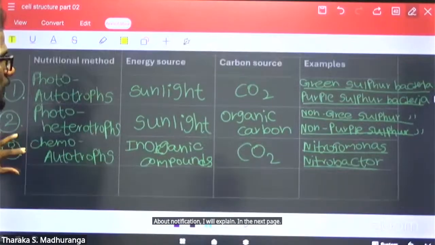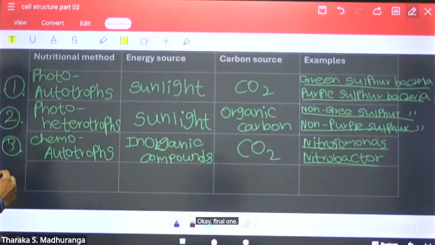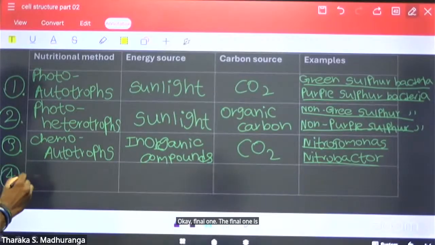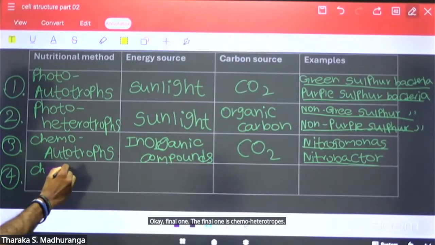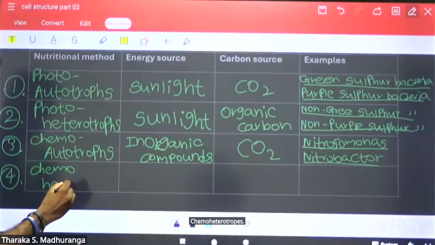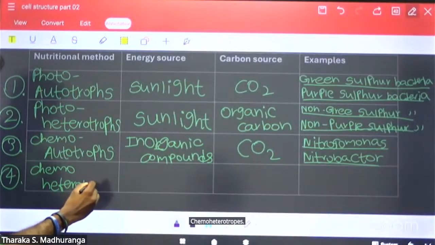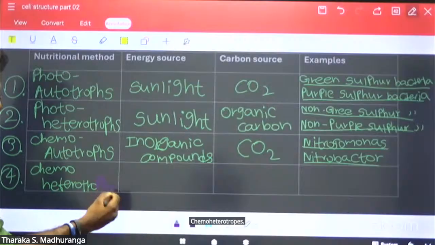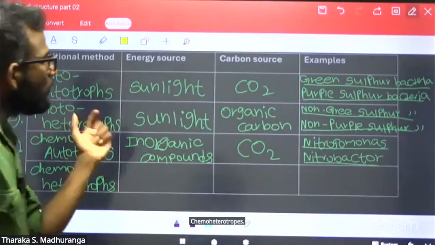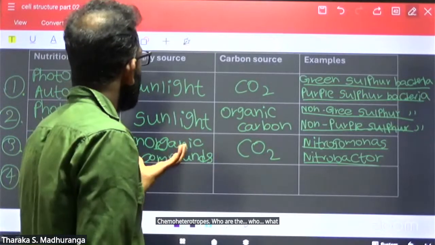Okay, the final one is chemoheterotrophs. What is the energy source?